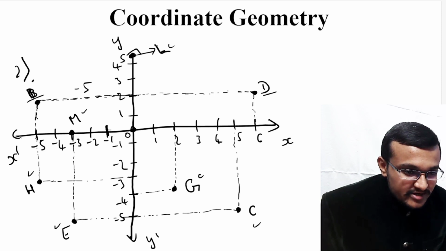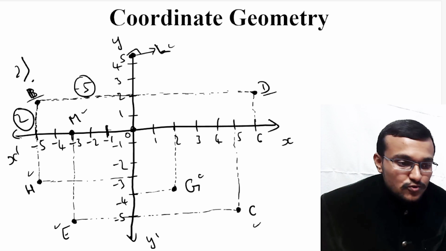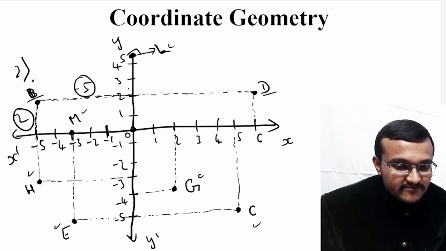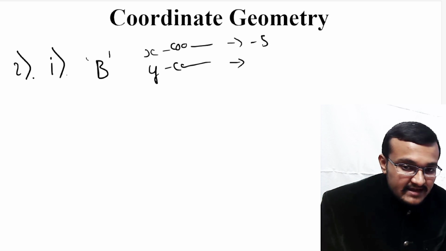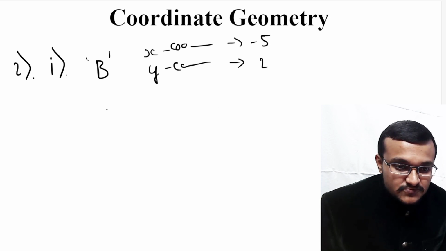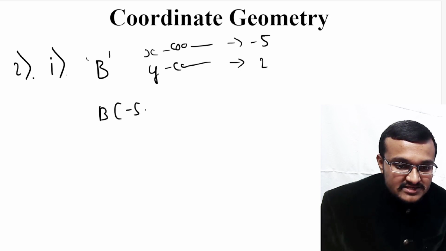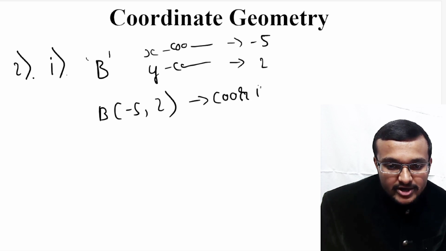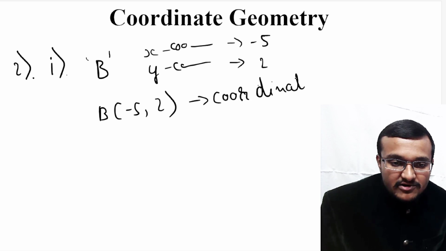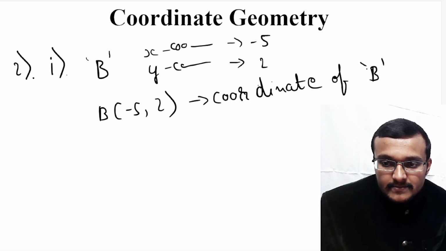And the length of the y-coordinate, which is perpendicular to the x-axis, is 2. So minus 5 comma 2 will be the coordinate for B. So B of minus 5 comma 2 is the coordinate of point B.